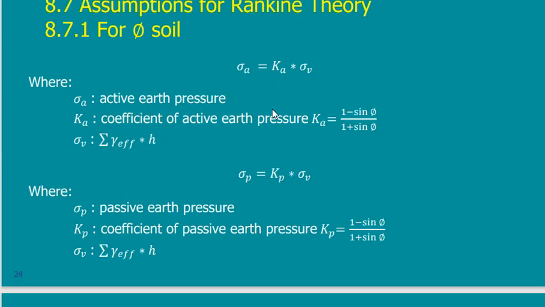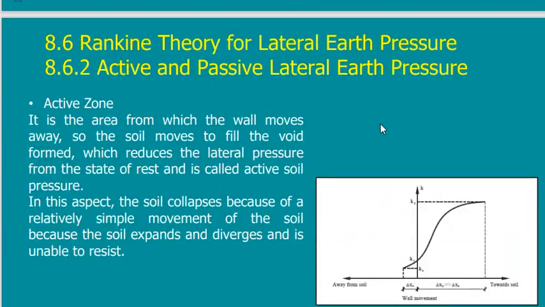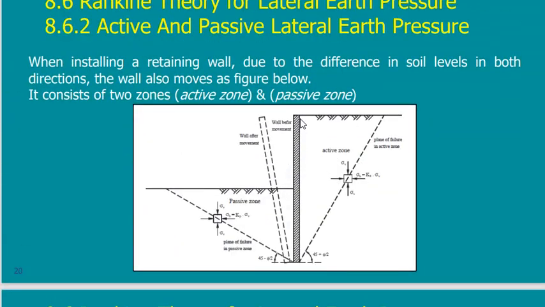Let's go back to the effect of phi. You remember this? You remember what the effect of phi is? We usually say that phi is a function of gamma h. What is the value of gamma h at this point? 0. But what is the value of c at this point? It's a value.